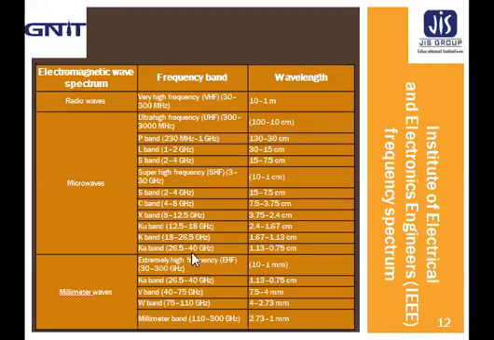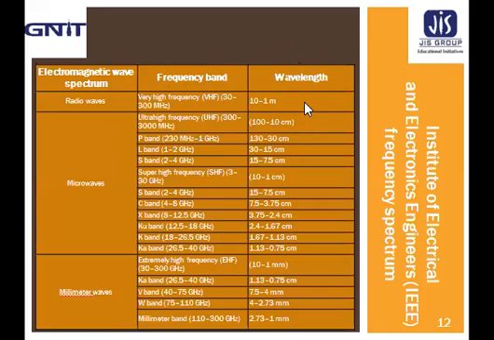Here in this table, the most commonly used frequency spectrum classification is shown. That is the electromagnetic wave spectrum under the frequency band, and that is the wavelength. Now under radio waves, there is very high frequency, that is 30 to 300 megahertz.